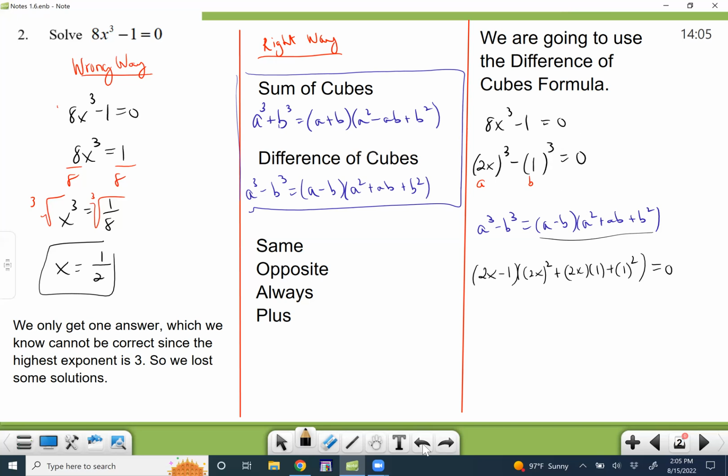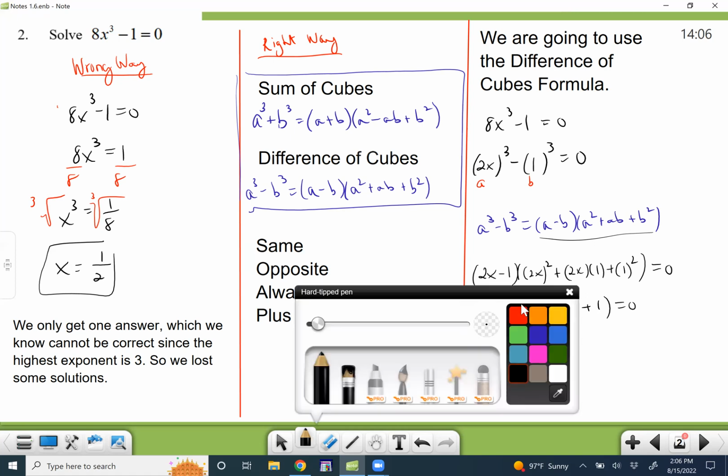If you look at our original problem, there's an equals 0 on the right-hand side. Okay, so we got parentheses 2x minus 1. 2x times 2x is going to be 4x squared. 2x times 1 is 2x. And then 1 times 1 is 1. Now this first piece, you guys, you'll always just set it equal to 0.